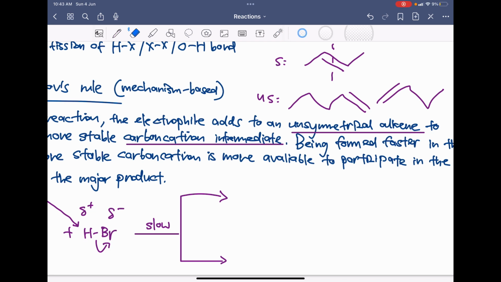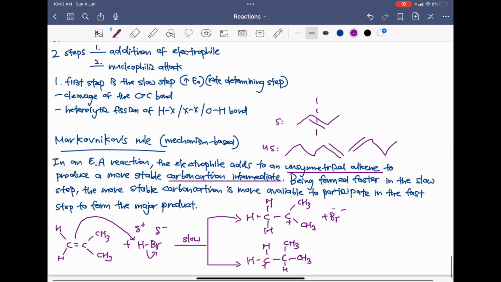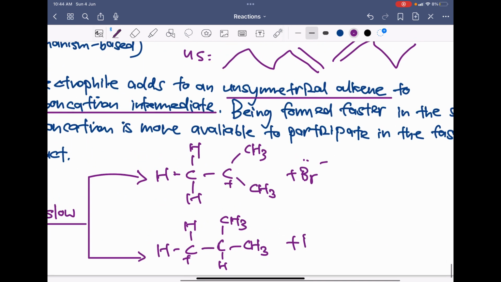Here's the first product, and here's the second product, where either one of the carbons of the C=C double bond becomes a carbocation intermediate, with Br minus.